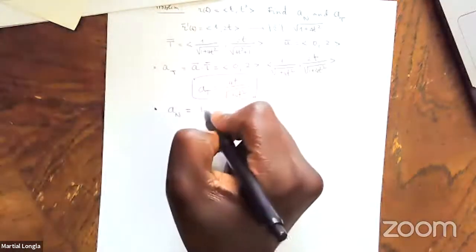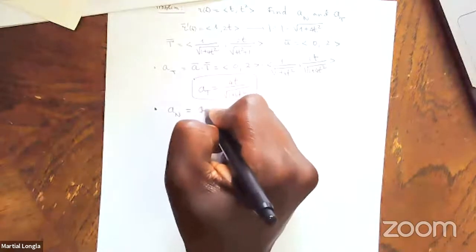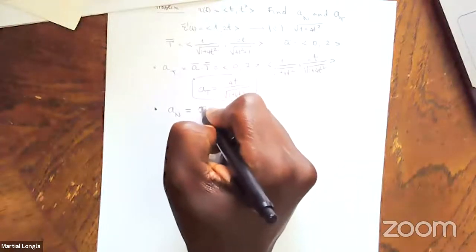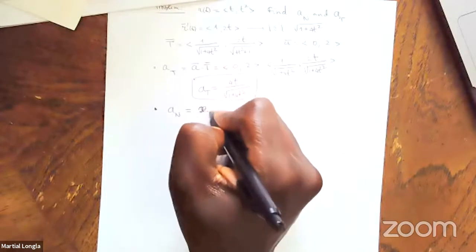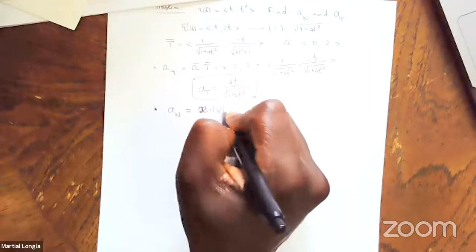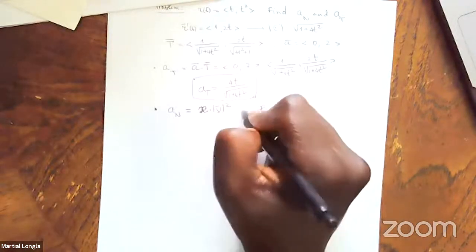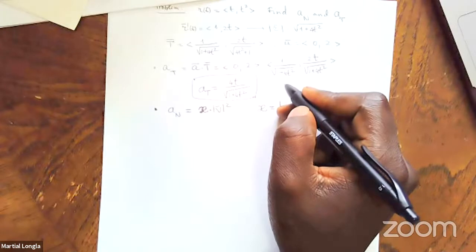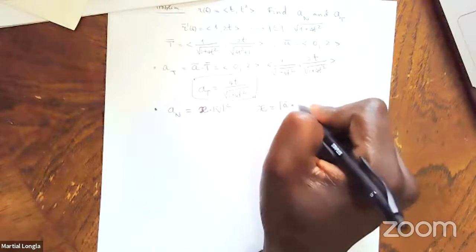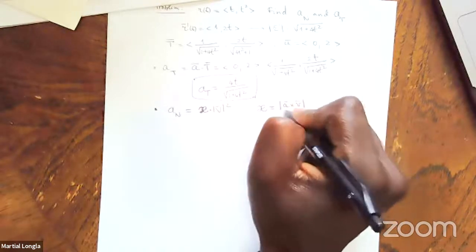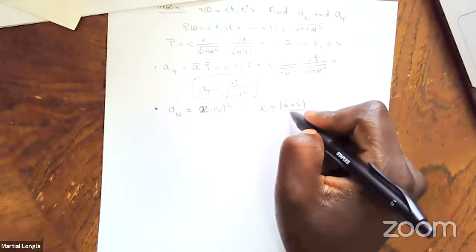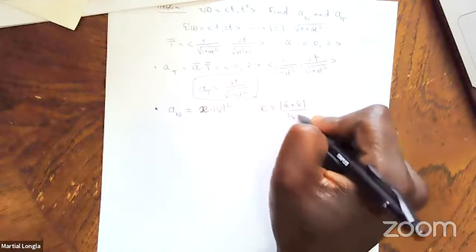To get kappa, we know it is the magnitude of A cross V over the magnitude of V cubed, right?